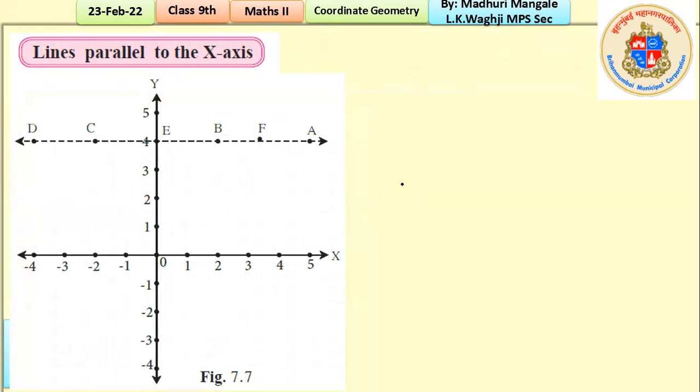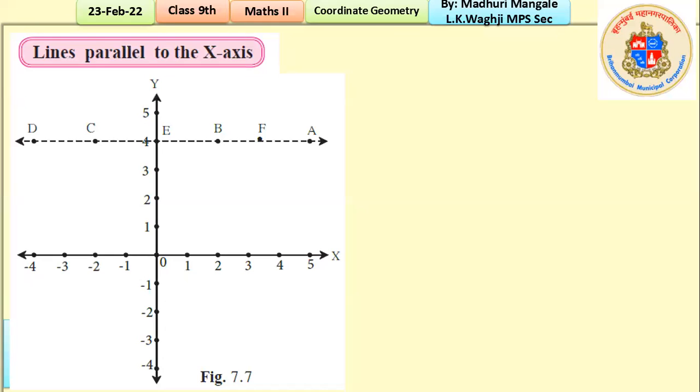Now, lines parallel to the x-axis. How do we write the equation for any line which is parallel to the x-axis like that? We just check where the line is passing through.